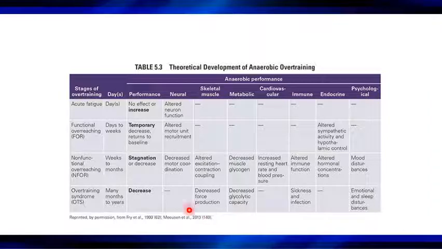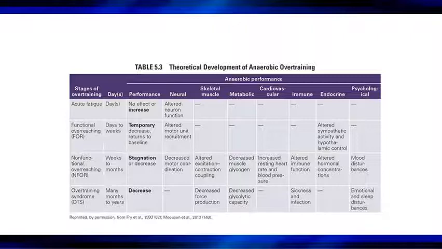Once you get to the point of non-functional overreaching, that's when you're going to start to have changes that will eventually lead you to overtraining syndrome. Functional overreaching is something you can do and you can return to baseline as long as you then incorporate a period of prolonged rest. So take a look at these changes that occur and be able to pair them up with each stage.